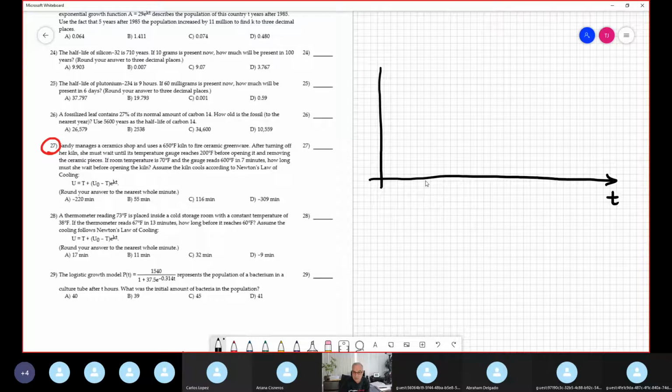And this is the time. Okay, by the way, in our problem, it's expressed in minutes. And this is temperature in Fahrenheit degrees. Okay, initial temperature is 650.